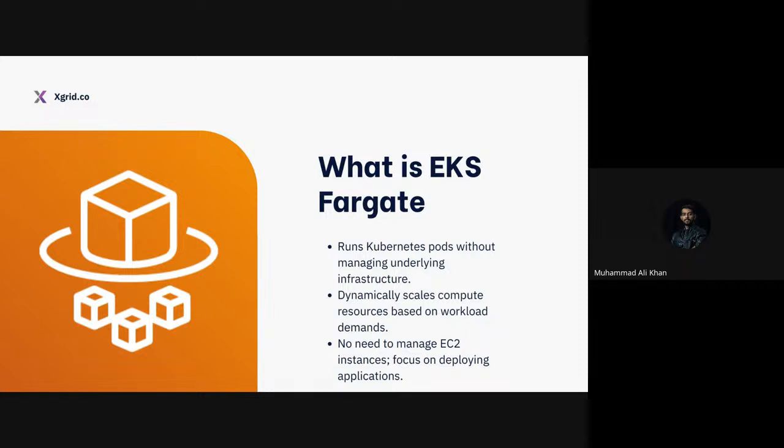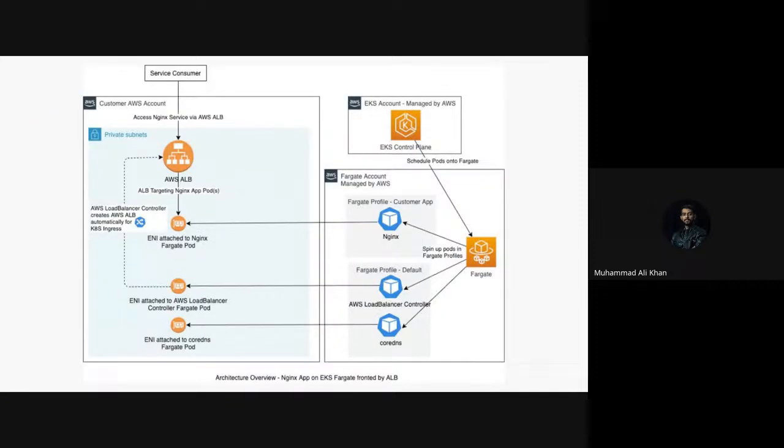But the difference between EKS Fargate and GKE Autopilot is mainly in how they manage things. In EKS Fargate, you mainly create a Fargate profile for specific namespaces, which allows Fargate to spin up pods based on the Fargate profile you configured.